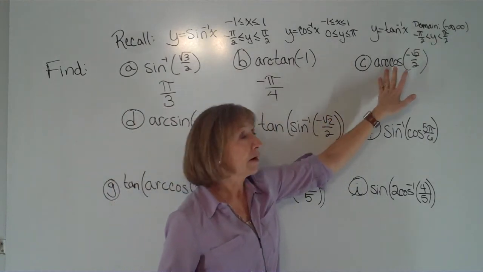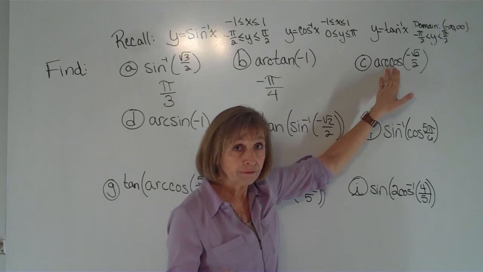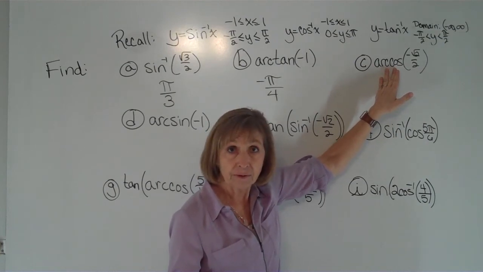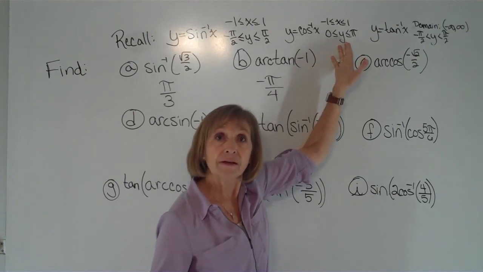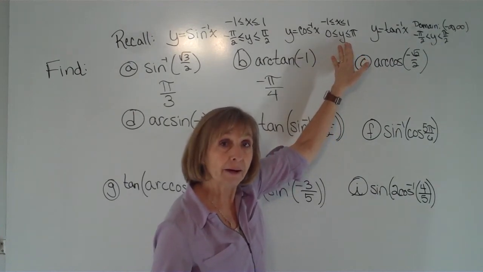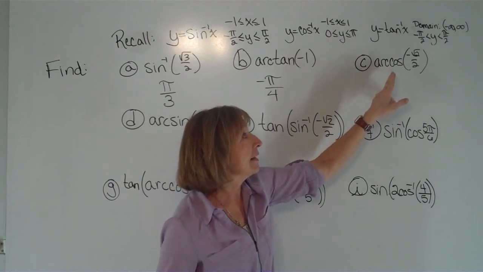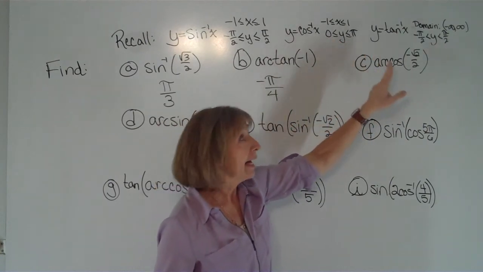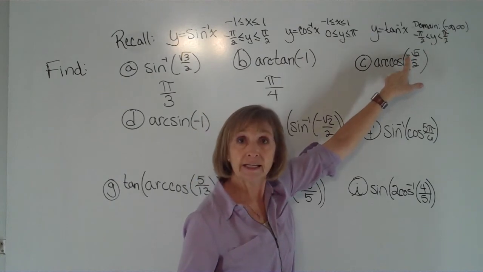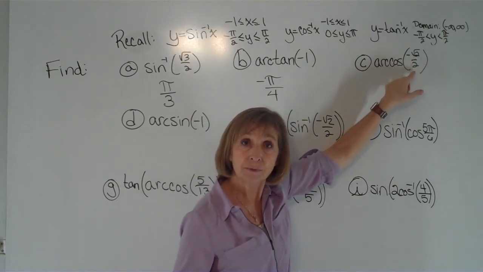Next up is arc cosine. So be careful with arc cosine or inverse cosine. Its output range is 0 to π. So when I think what angle in the span from 0 to π has a cosine ratio of -√2/2?